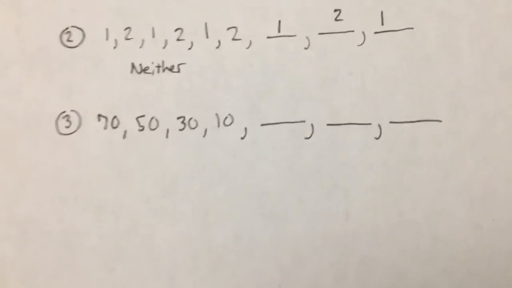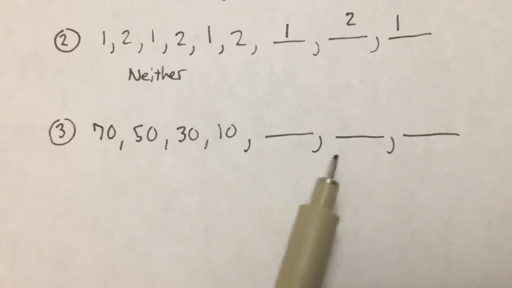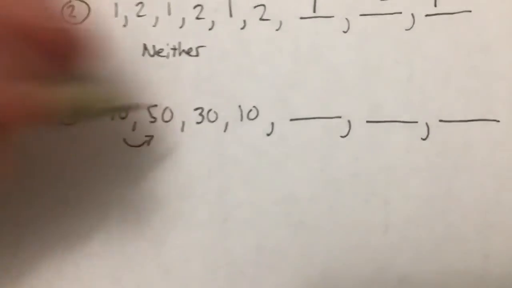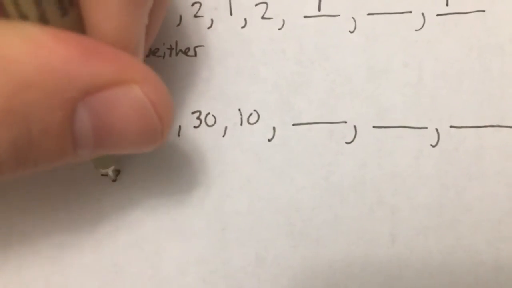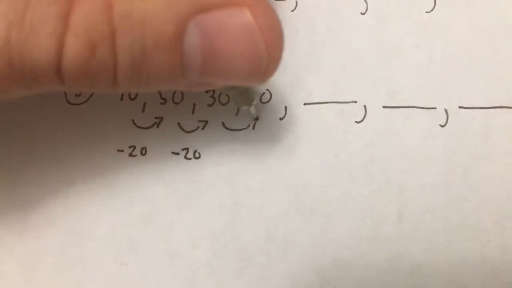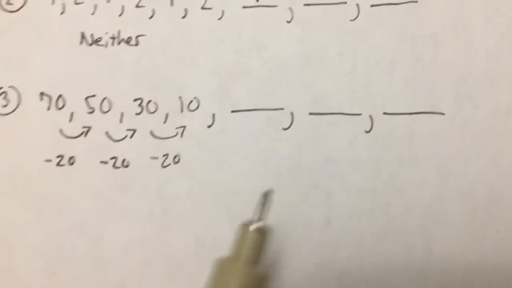Now let's look at the last problem down below. It looks like we are adding a fixed number every single time, and we're adding a negative number. We're adding -20 every single time down the line right here. So let's figure out what the next 3 terms are.